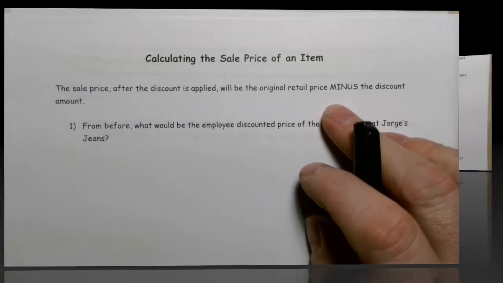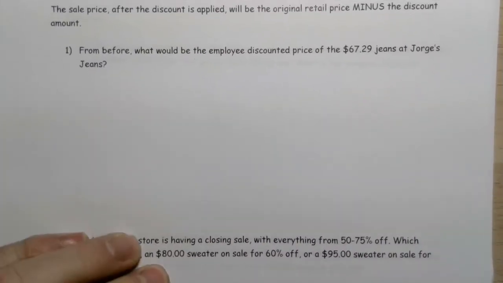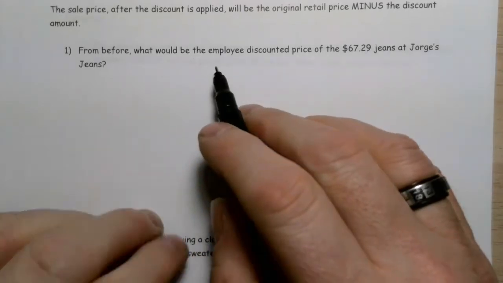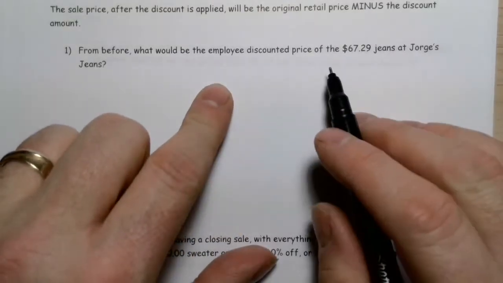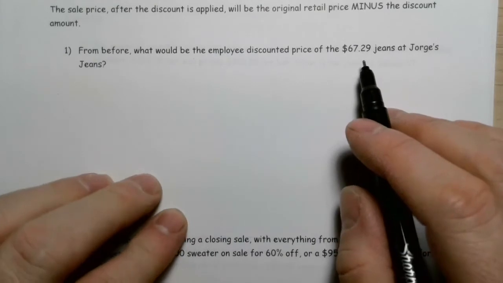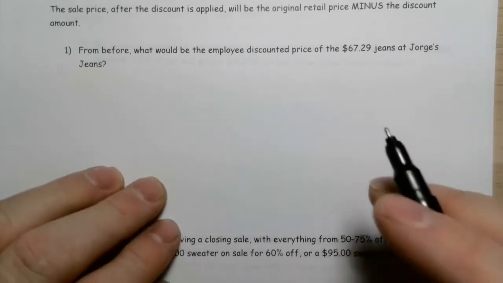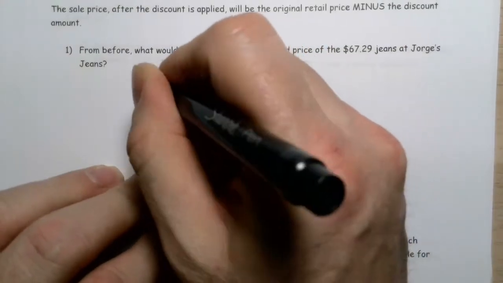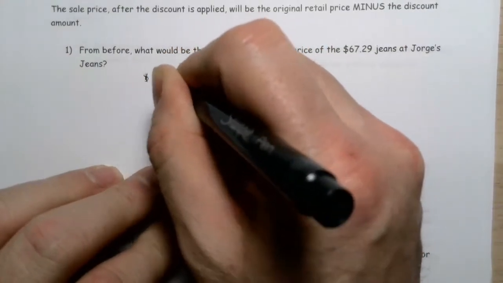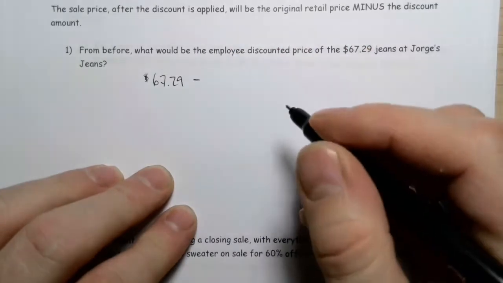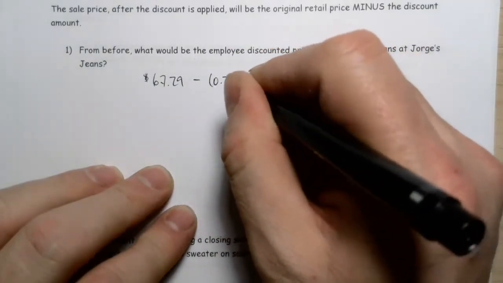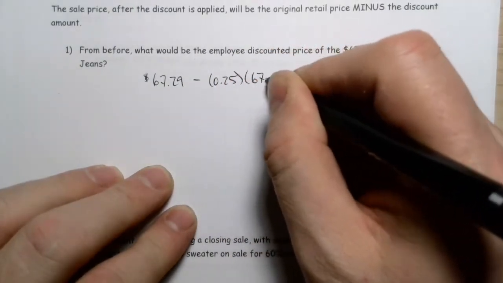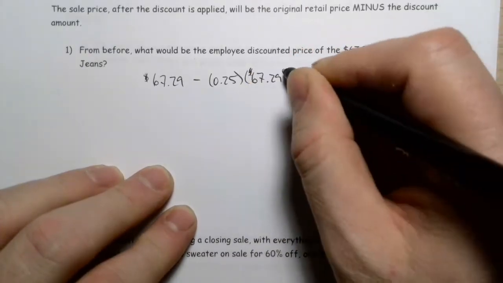So let's take a look at some examples of that. This question says, from before, what would be the employee discounted price with those $67.29 jeans at George's Jeans? Remember, they got 25% off. So we're going to take that $67.29 and subtract the discount that we got there.